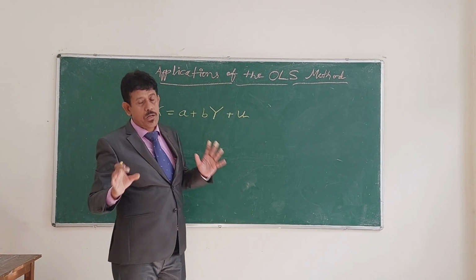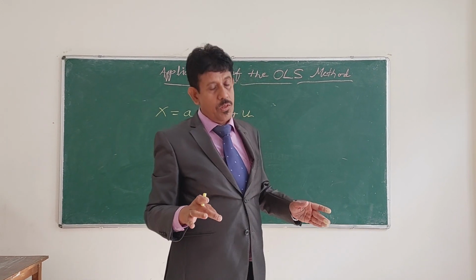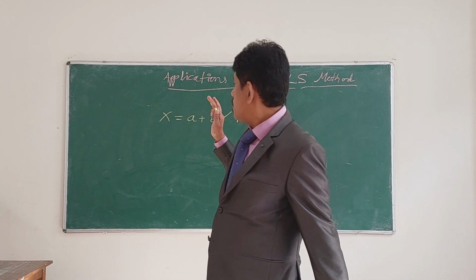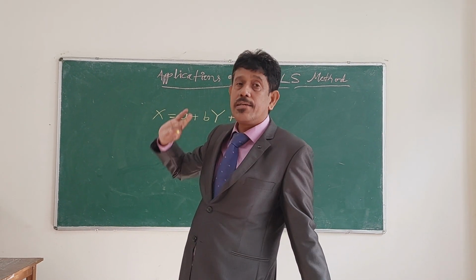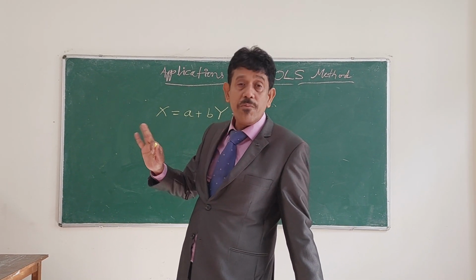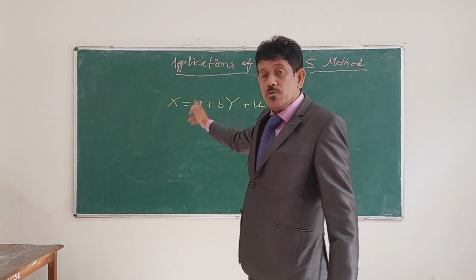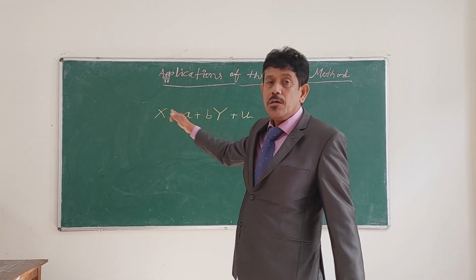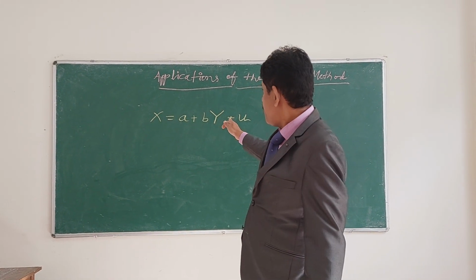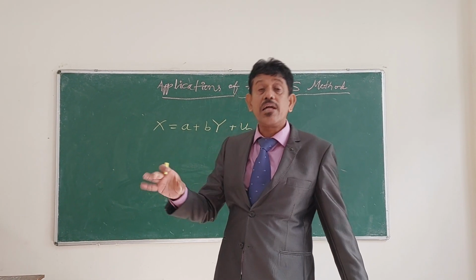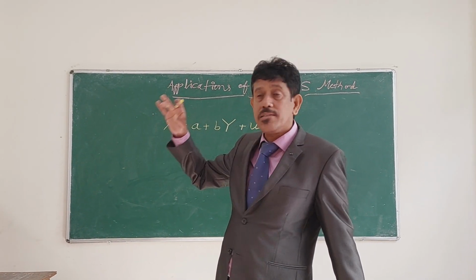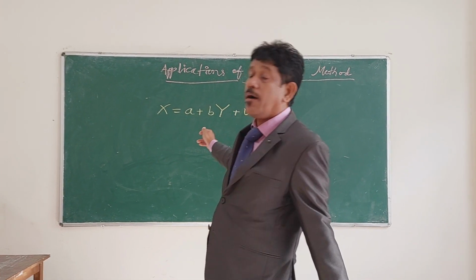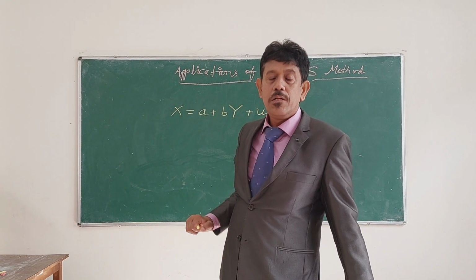This is the stochastic model of relationship between x and y, consumption and income. As you remember, a is autonomous consumption, b is marginal propensity to consume, and e is the disturbance term, which assumes all the influences other than income which can influence consumption.